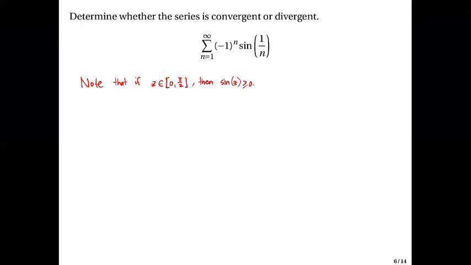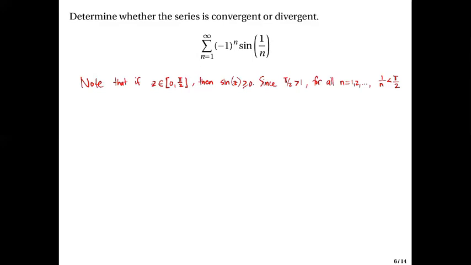So for all n equals 1, 2, etc., 1 over n is less than pi over 2, correct? Because 1 over n will be less than or equal to 1.